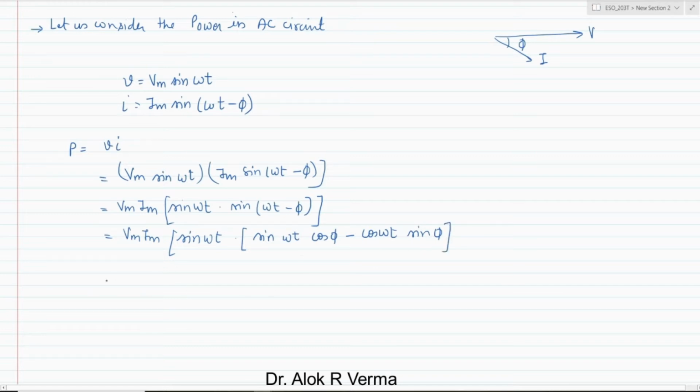If you multiply and solve, keeping V as Vm by root 2 and I, the RMS value, as Im by root 2, then solving this we get VI cos phi into 2 sin square omega t, minus a term with sin phi.